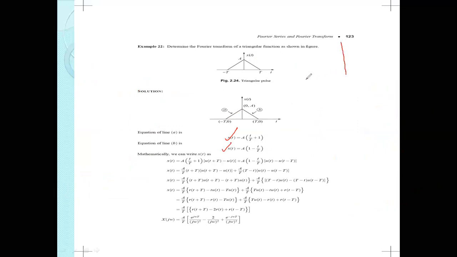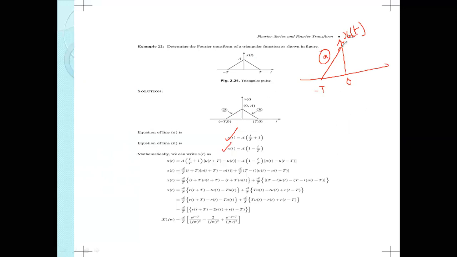To get this, for this slope only, I need minus t and the 0. This is the given function x of t. This is slope a. Okay, my dear students.